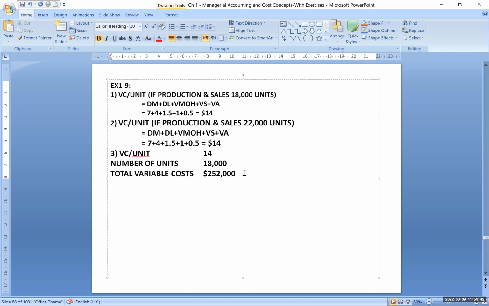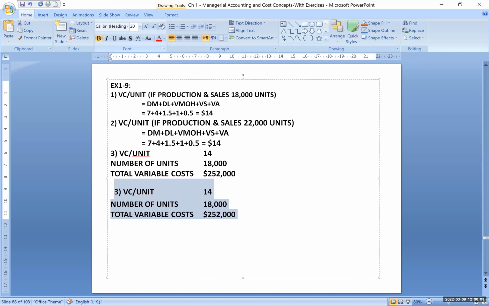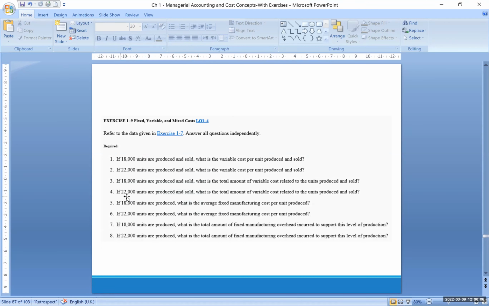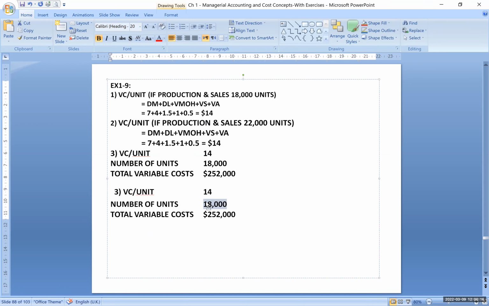Okay. Number four asks about what? If 22,000 units are produced and sold, what is the total amount of variable cost related to the units produced and sold? Same question, but we are talking about 22,000 units produced and sold.